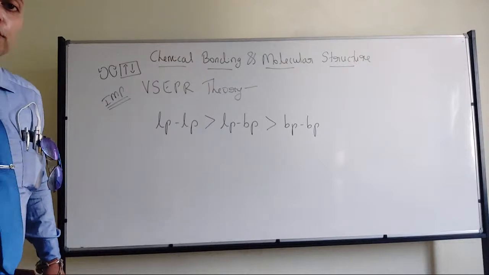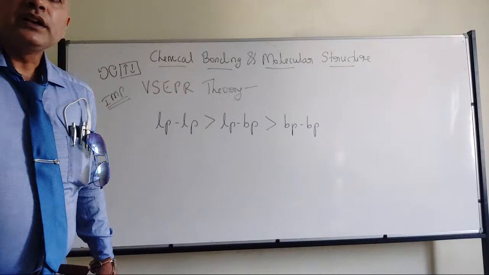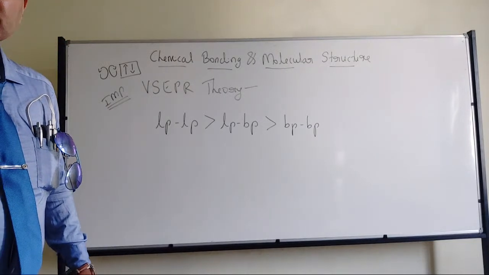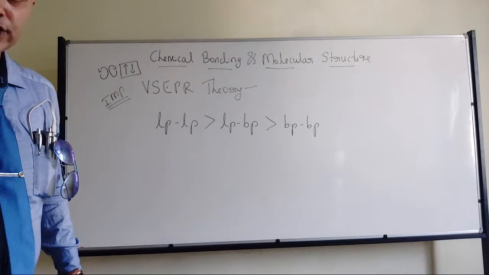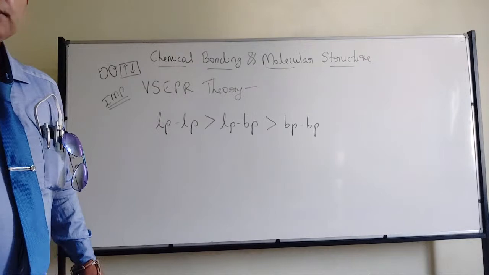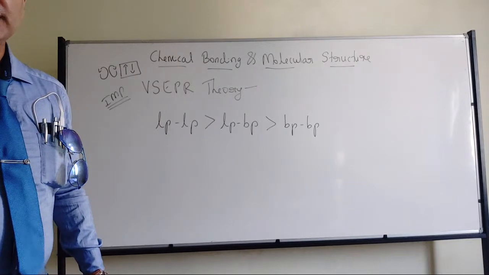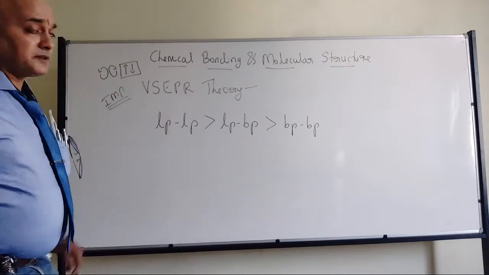According to VSEPR theory, when lone pairs of electrons come near to each other, they will have more repulsion compared to when a lone pair comes near to bonded pairs of electrons. There will be a repulsion, but it will be less compared to the first one.